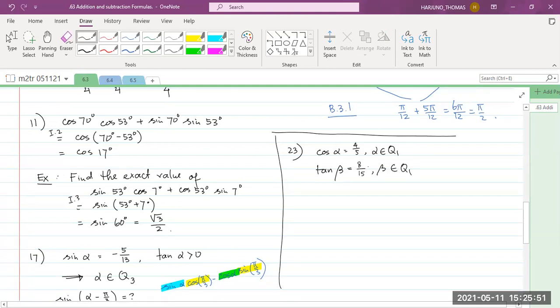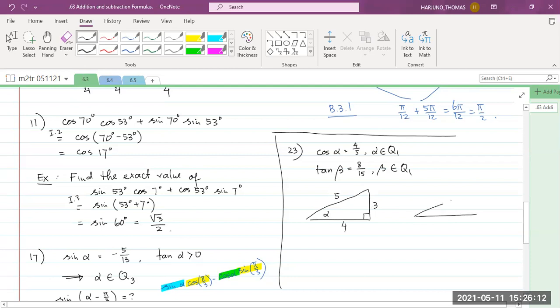Yeah, both of them in quadrant 1. So you can draw the triangle right away. If this is alpha, cosine 4/5 by Pythagorean triplet, that must be 3.